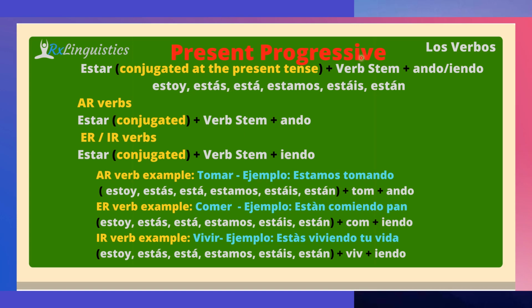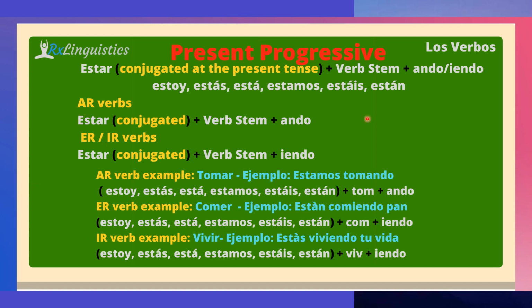So to form the progressive tense, you use the verb estar. Okay, now the estar is the auxiliary part of the structure, but the verb itself, the verb doing the thing, the action verb, the lexical verb, the verb that's saying what is being done, how do you add that verb to estar to form a progressive tense? In this context, we are talking about present progressive, which means the estar has to be present tense.